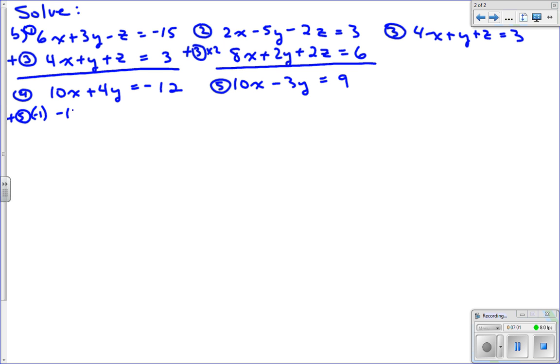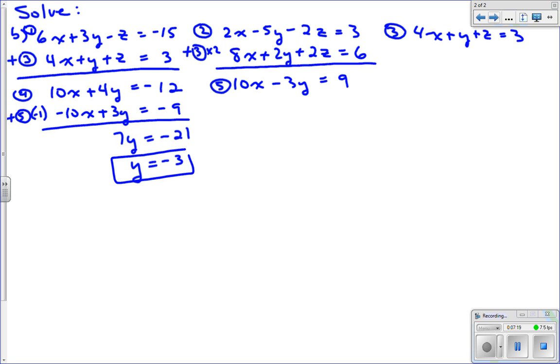So now I have a negative 10x plus 3y equals negative 9. When I add these together now, my x's are eliminated. I have 7y equals negative 21, so y equals negative 3. I have the first of my three variables calculated now.